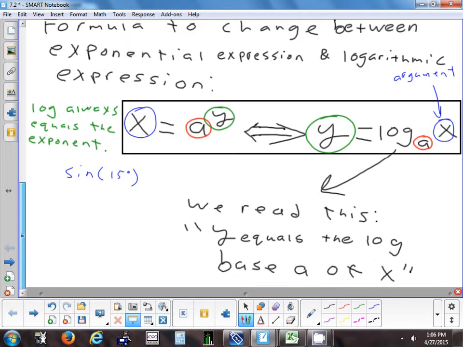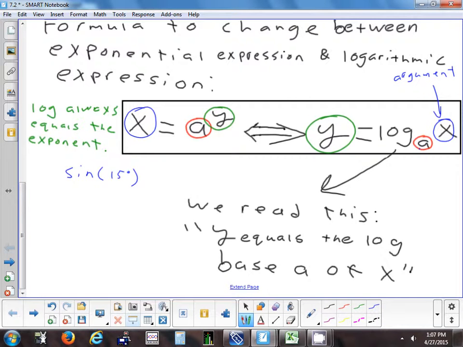Okay, how do you pronounce what's on the right-hand side? The way you say it is y equals, or you could say y is log base a of x. Y equals log base a of x. That's how you say it.